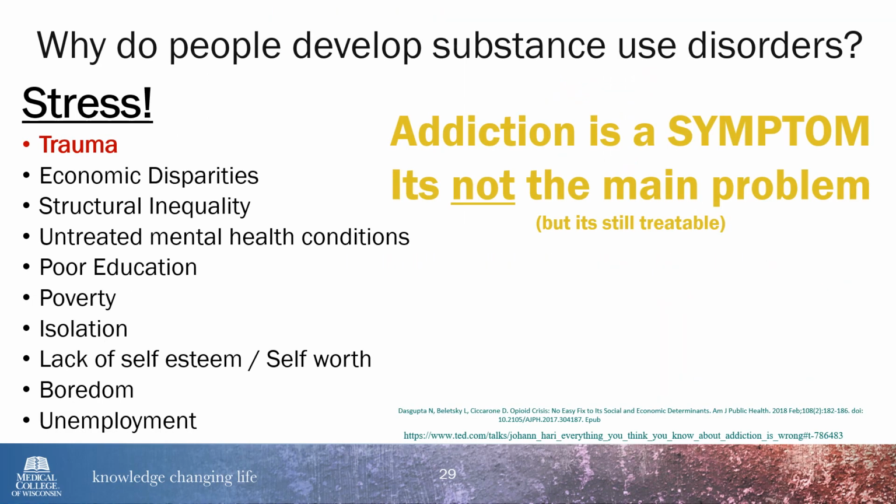So why do people develop substance use disorders? Well, the answer is really clear. It's stress and trauma. So why some people can use heroin once and just say, oh, okay, that was an interesting experience, I'm never going to do it again, versus people that use it once and it defines their life, and it's something that they're never going to be able to stop using again.